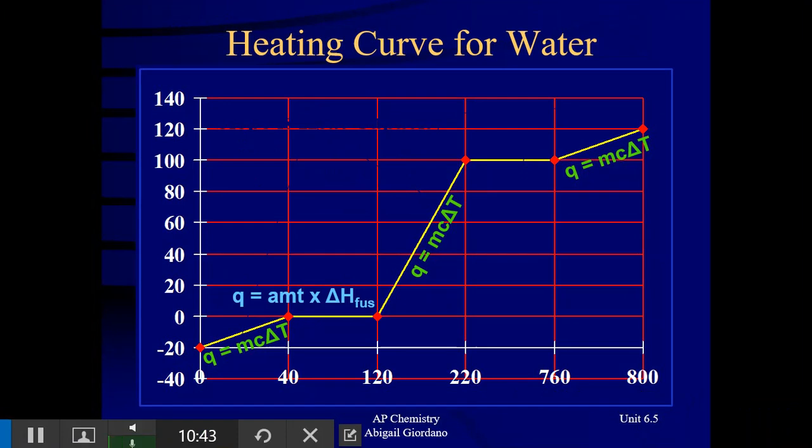Okay, now what about at the top plateau where you're either vaporizing or condensing? It's basically the same formula, except instead of heat of fusion, you'd be given a value called the heat of vaporization. Again, if you're boiling, it'll be a positive value. If you're condensing, it'll be a negative value.